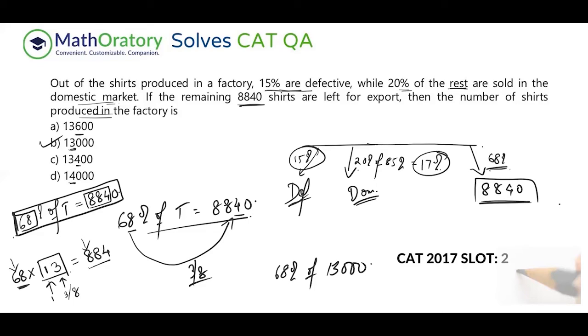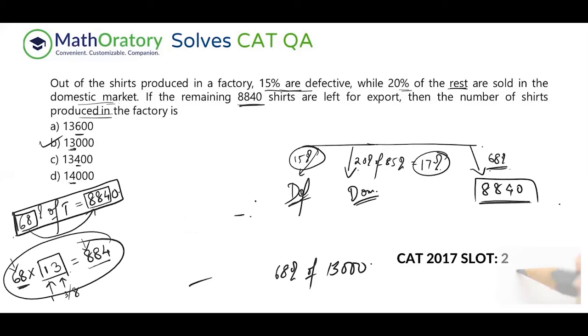So 68 into 13 should be 884. And once you know that, then you can use this without options. So let me show you how to do that. This kind of thing needs some practice and you can figure it out very quickly. Trust me, it takes me nowadays less than 5 seconds, provided the answer is integral, of course. You will always have integral answers, as I mentioned earlier.